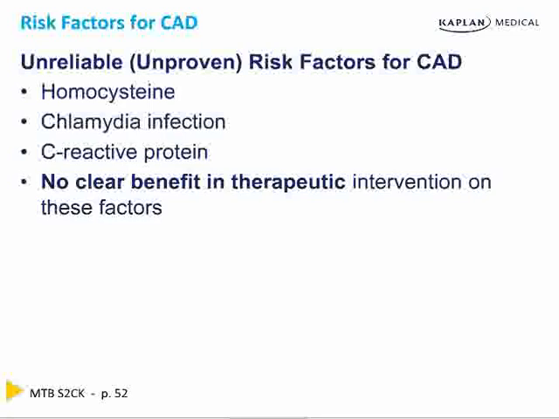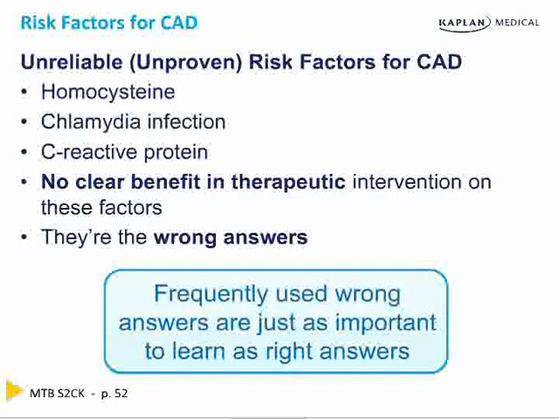Hypertension above 140/90, clear. Lower it. Those are clear things. You can't do anything about these others. They are the wrong answers. And when you go into Step 2, knowing the wrong answers can be as useful for you as knowing the right ones, because then you know what not to choose.